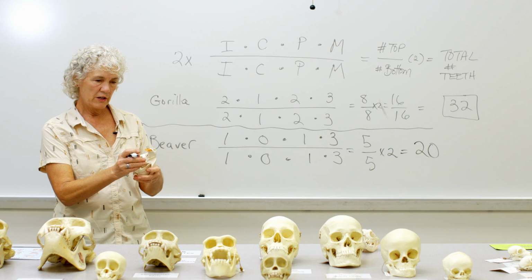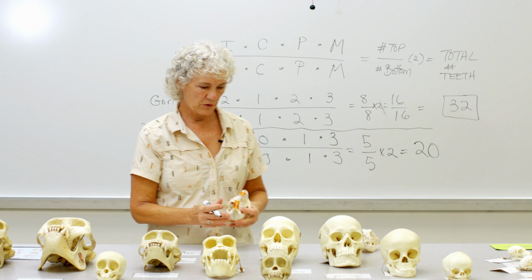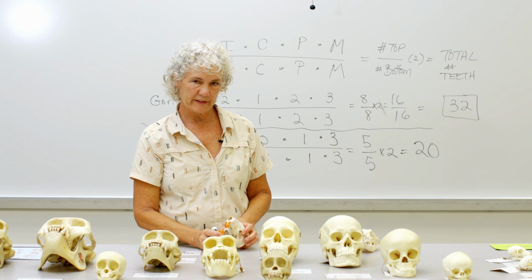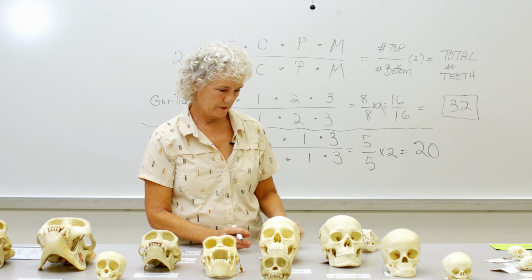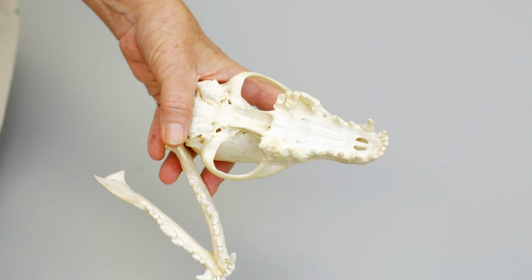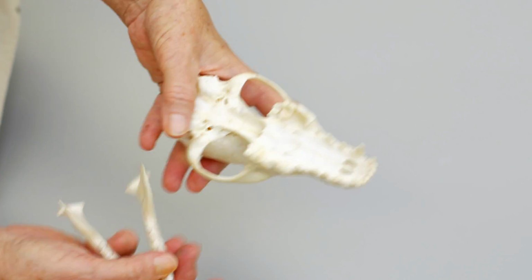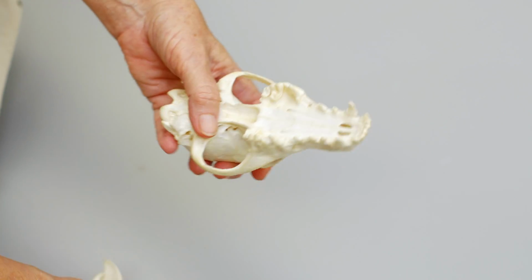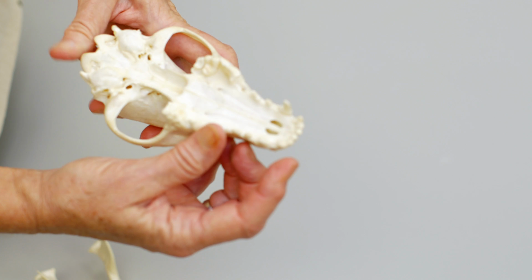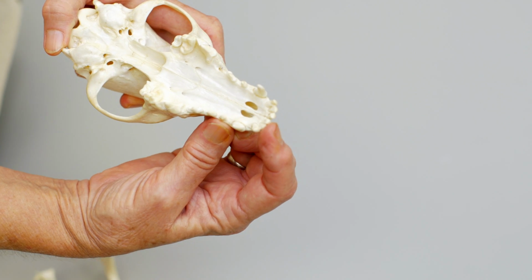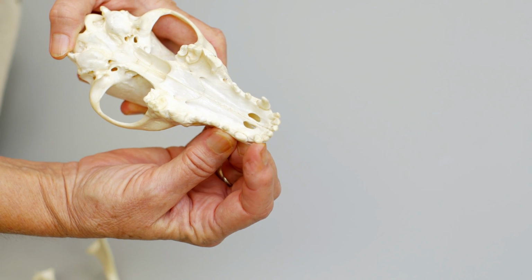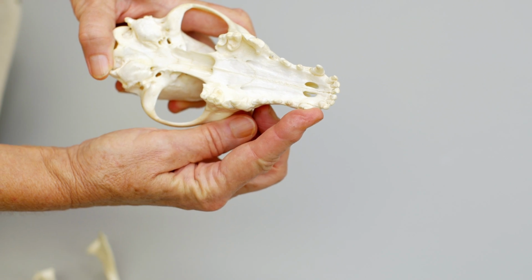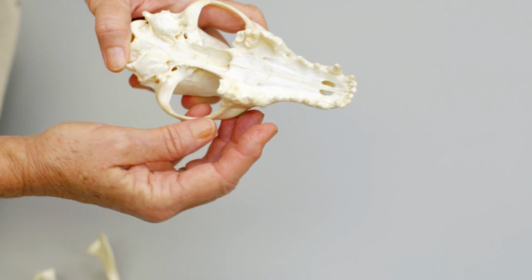Okay, now we're going to do the dog, but I'm going to let you look at it and decide. Okay, so this is the top and this is the bottom of the dog. We're going to look at the top first. So the top would be how many incisors, canine, premolars, and molars?